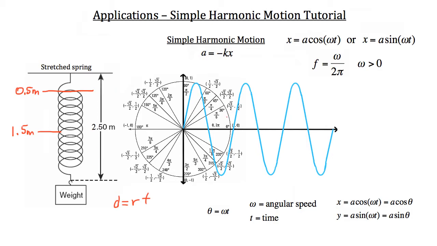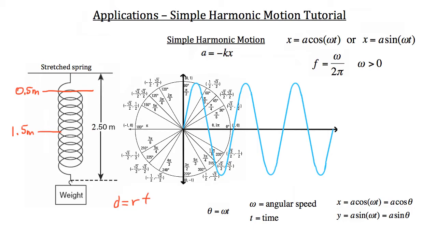Now normally this pattern is our circle. In the case of simple harmonic motion, a pattern is a vibration, so in this case, it's going to be an up-down motion. So theta, the distance there, is equal to our rate, so our angular velocity, times our time.